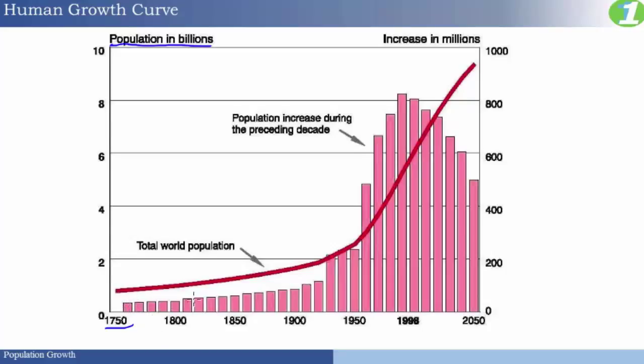Now, as time went by, there was no significant increase until a little after 1900, where it started to increase, and this point may have been the industrialization period. We are becoming more civilized, more technologically advanced, and we have better healthcare. All these resources are increasing over the years because we're finding better ways to do things. And so you see a sharp increase occurring.